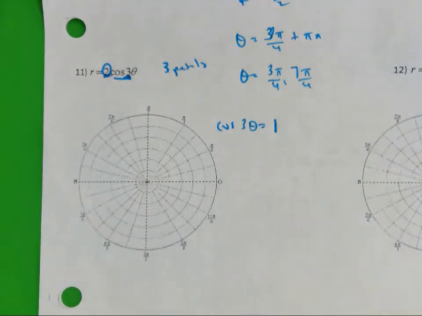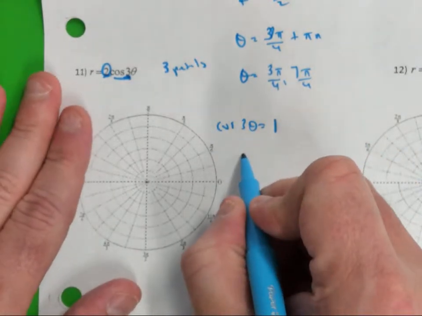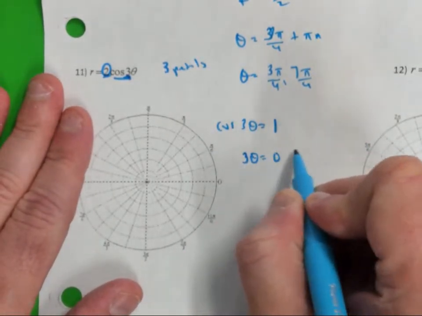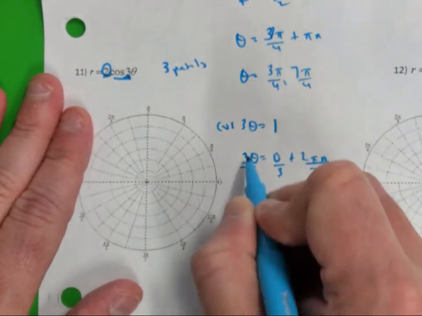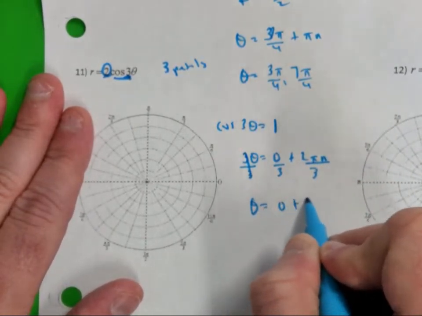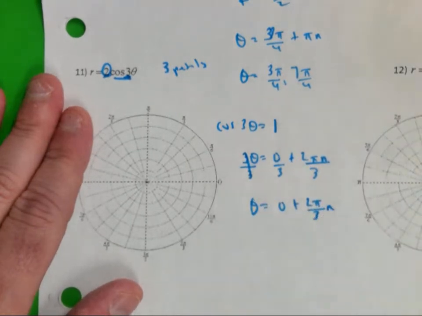Alright. Cosine of 3 theta equals 1. What value on the unit circle gives you a cosine of 1? 0. So I'm going to have 3 theta equals 0 plus 2 pi n. Divide everything by 3. Theta equals 0 plus 2 pi over 3 n.